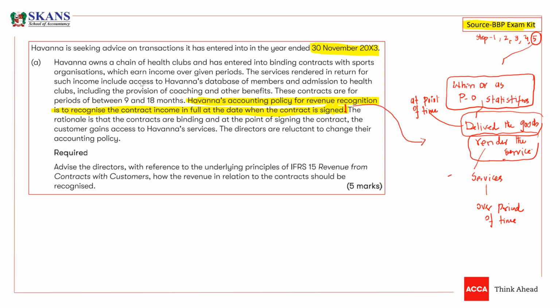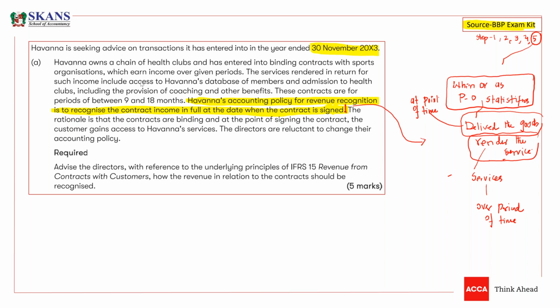So if they have gained access, have we rendered our service? Obviously not. We will render service when they consume our services, when they use our health club, our coaching services, and when they enjoy them. That's the time when our PO will be satisfied. So they can't book a revenue.